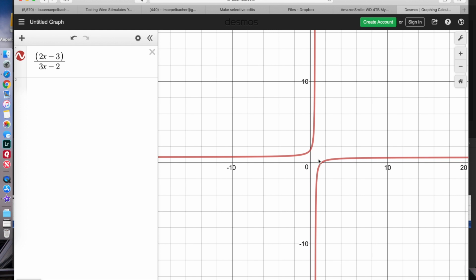There's also a horizontal asymptote here, and that's about the degree and the leading coefficients, and we'll get more into that in Unit 7, but just know that the horizontal asymptote is y equals 2/3, and that's right here. So there's nowhere where this function would fail the horizontal line test, therefore it is 1 to 1, and it does have an inverse function.